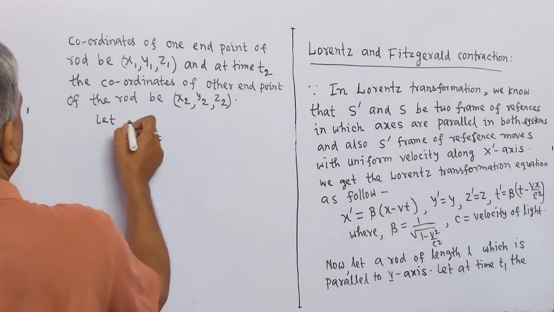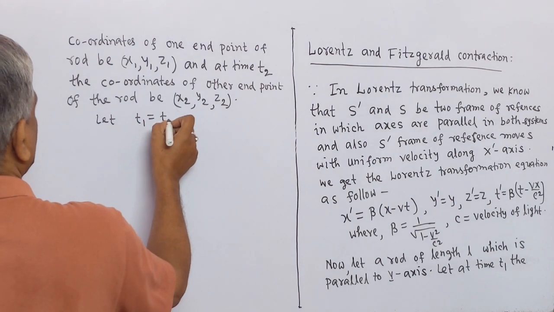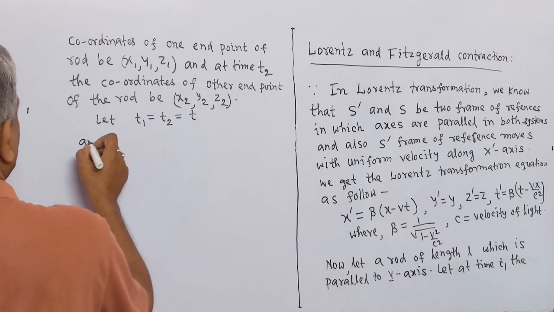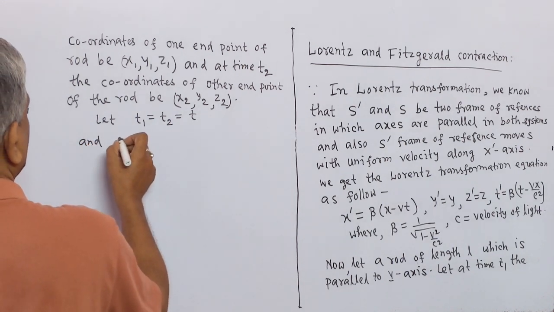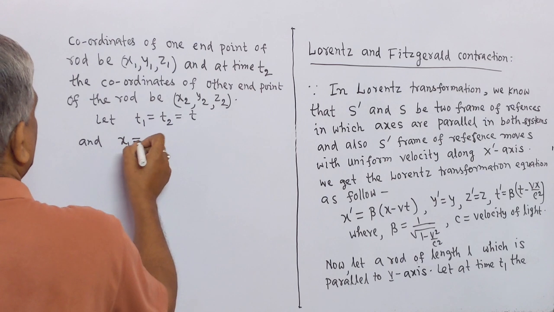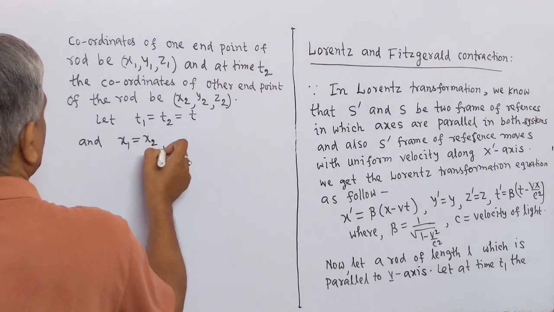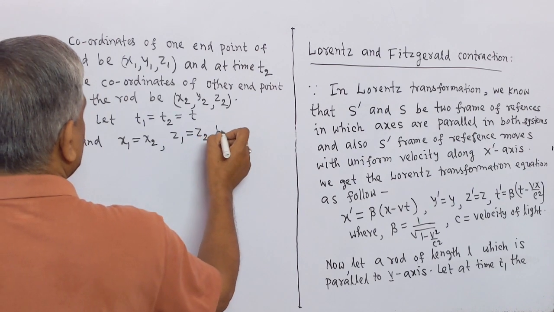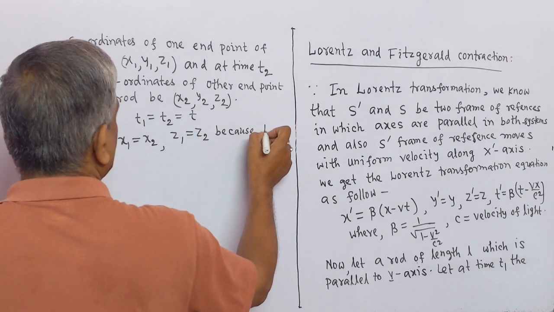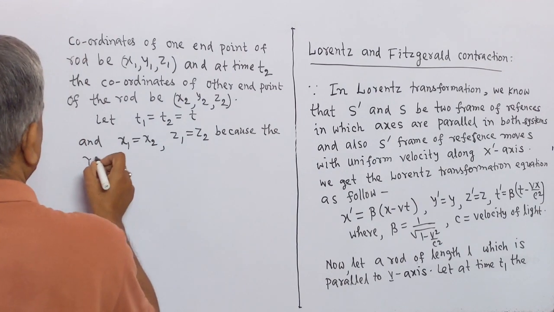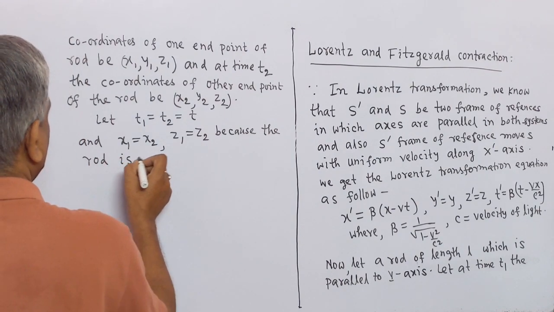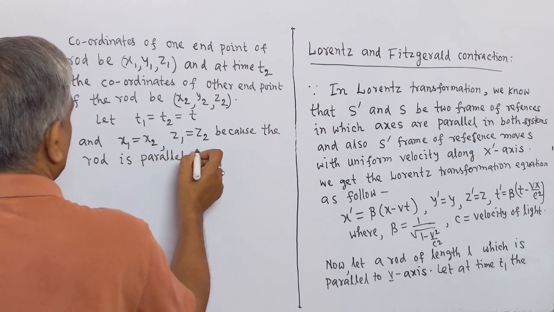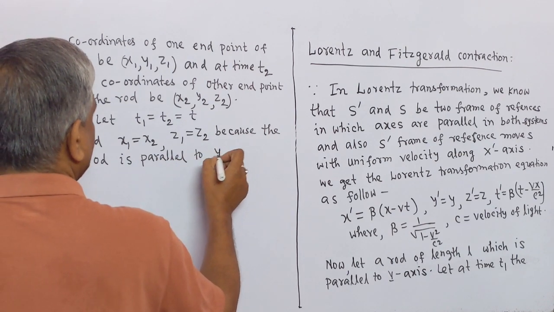Let t1 equal to t2 equal to t and x1 equal to x2, z1 equal to z2, because the rod is parallel to y-axis.